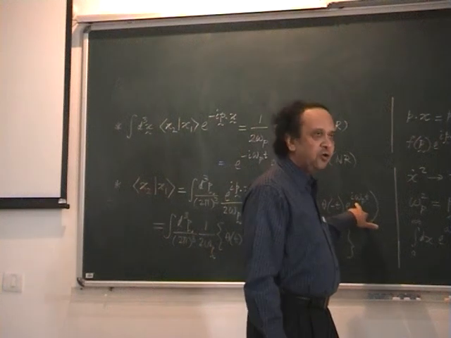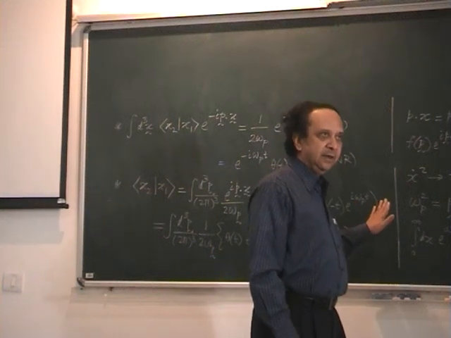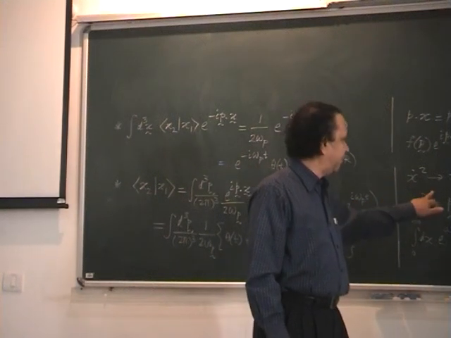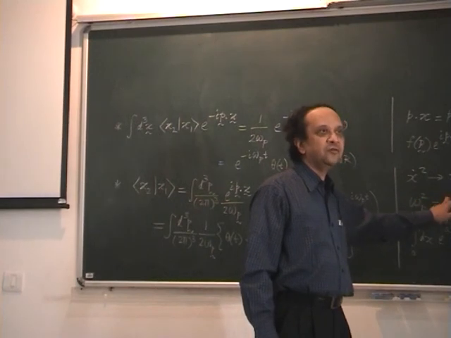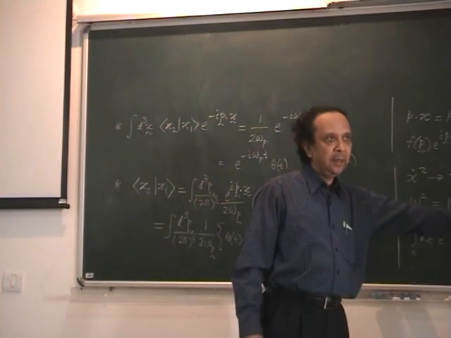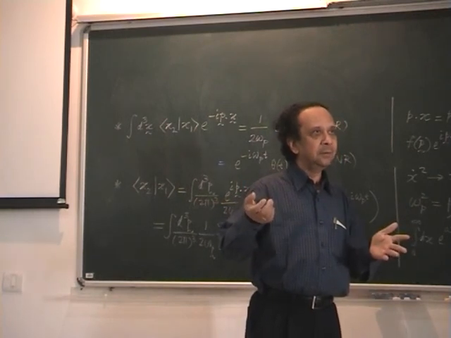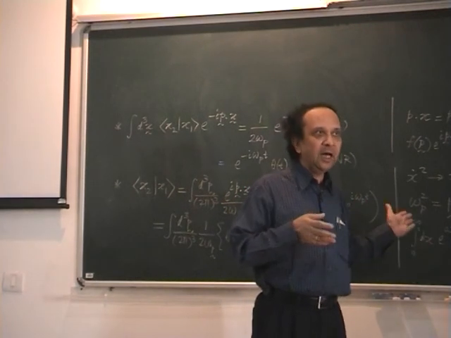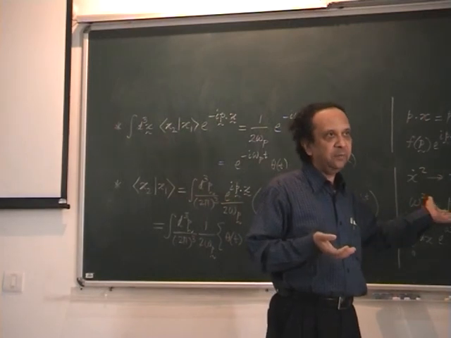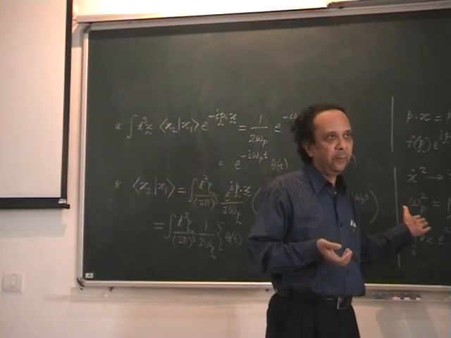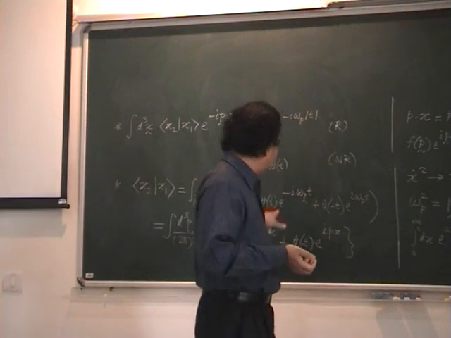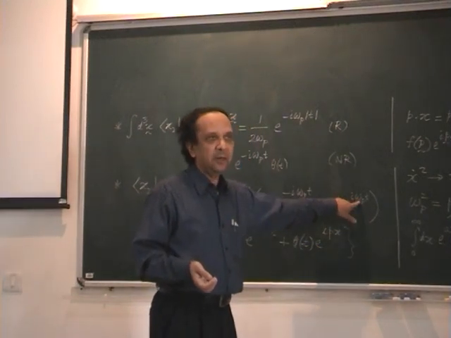What I am writing as omega p is actually mod omega p. See, I am defining omega p to be the positive square root of p square plus m square. But I can't define t to be the positive square root of t square, right? Because t is a variable. Omega p is a constant. For a given momentum, it is the energy which we are talking about. So that is why I have explicitly omega p and minus omega p in these 2 terms.